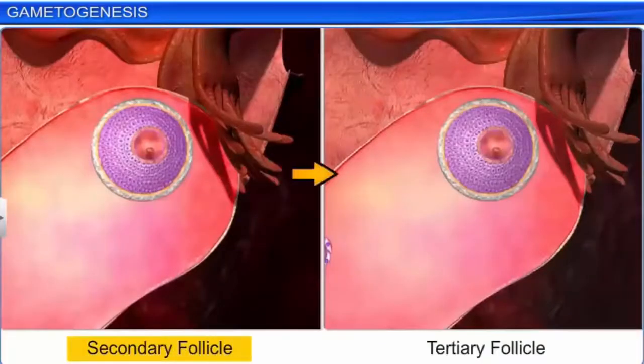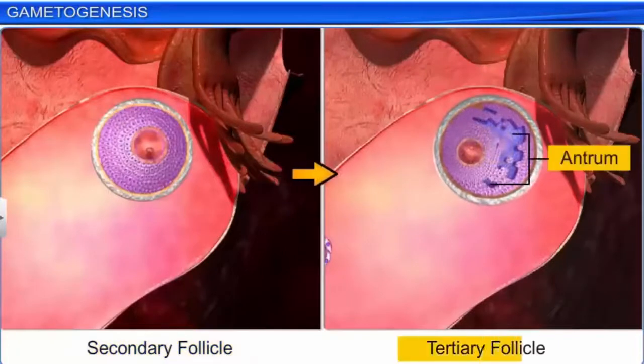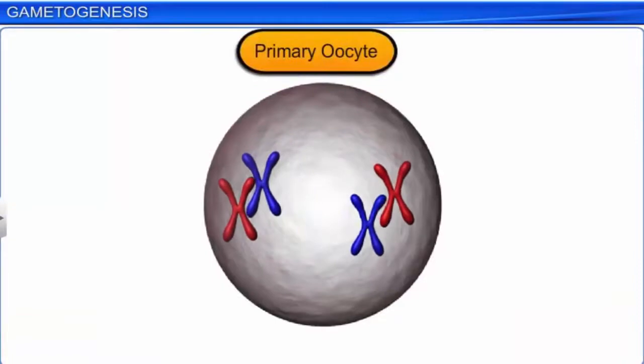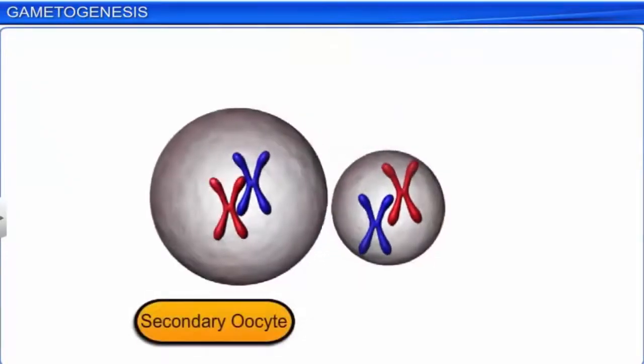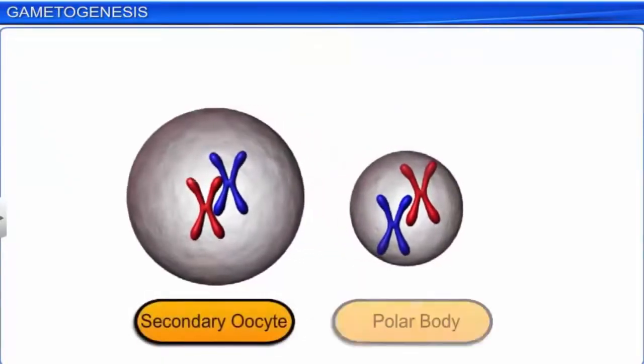As the secondary follicle transforms itself into a tertiary follicle, the primary oocyte within the follicle completes meiotic division, which is unequal and yields a large haploid secondary oocyte and a tiny first polar body.